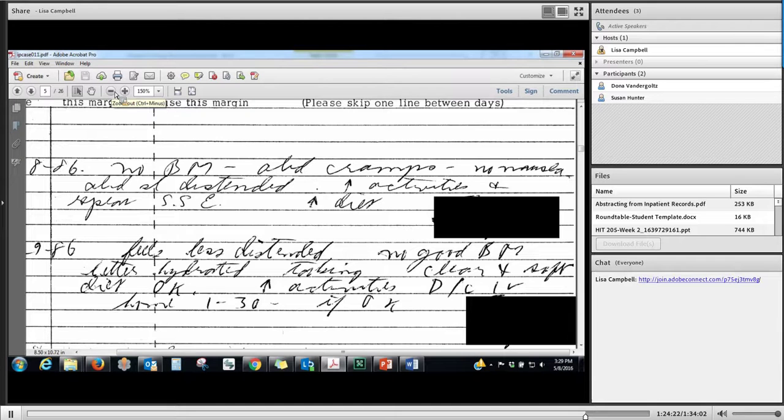what's going on. So 12/9, he says feels less distended, no good BM, bowel movement, better hydrated, taking clear and soft, so she's probably on clear and soft liquids, does okay.